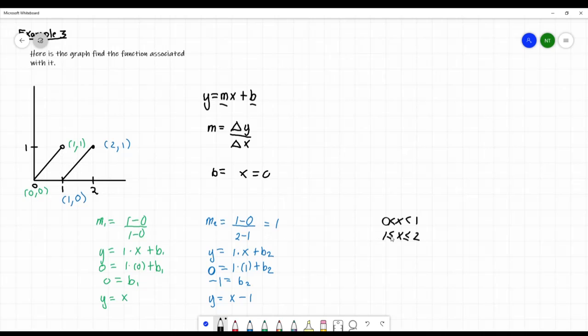That's why I'm writing it at the bottom. Then we'll write the line associated with this domain, which is x minus 1, and the line associated with that domain, which is x. And then we close it up with f of x. So this is piecewise function number 3, guys.